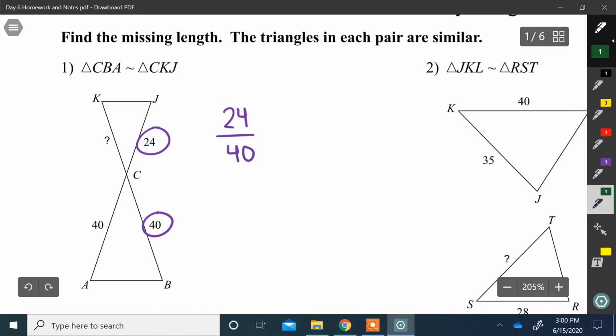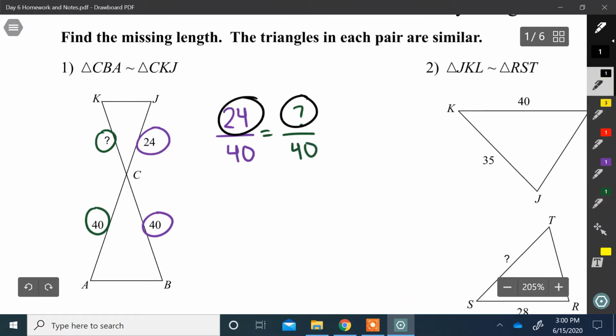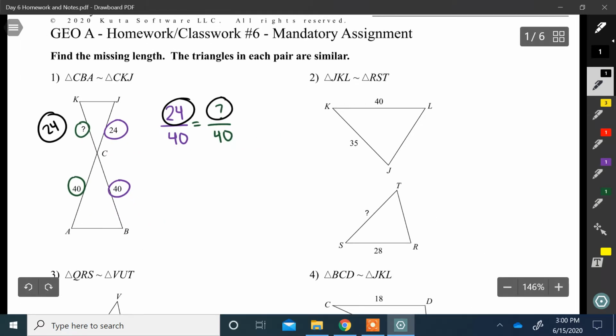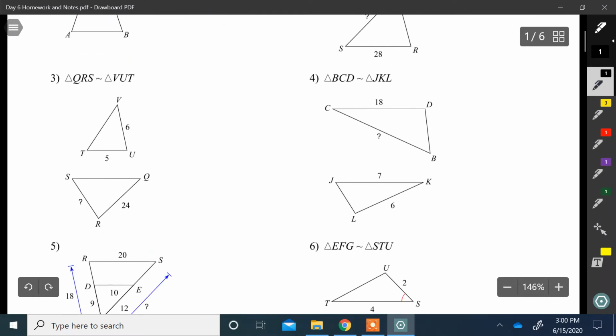So we identify each part, and you're going to notice that, question mark over 40. Hey, what is the question mark? It must be 24. So this right here will be 24. As simple as that. Now that one was a lot easier than the other ones. So let's do a couple more.